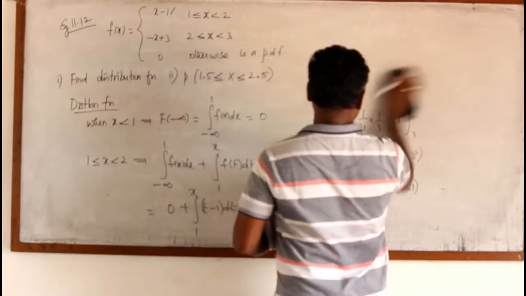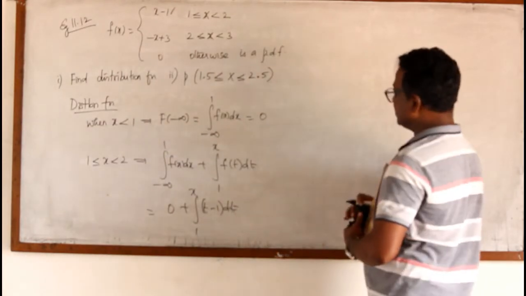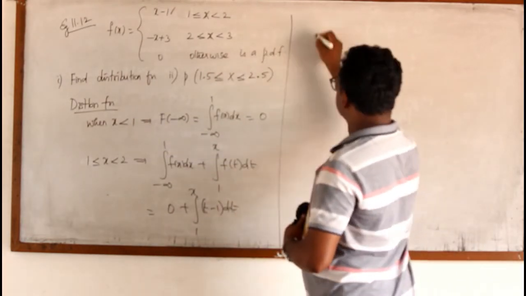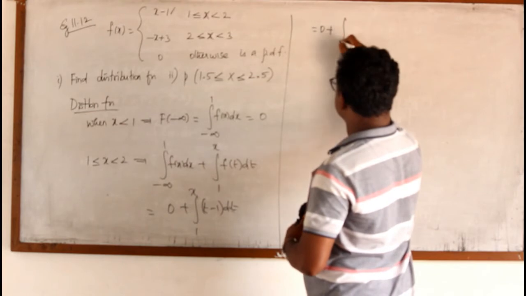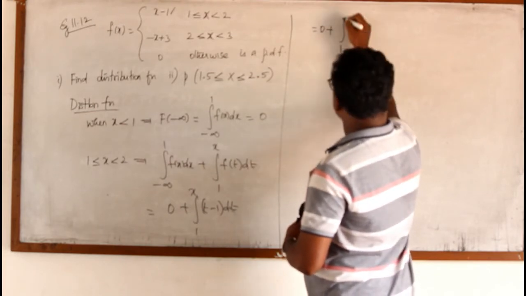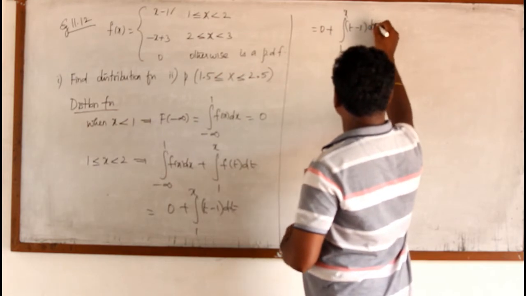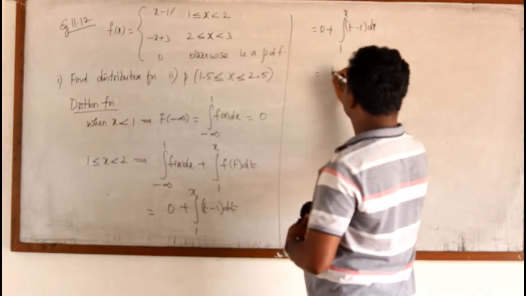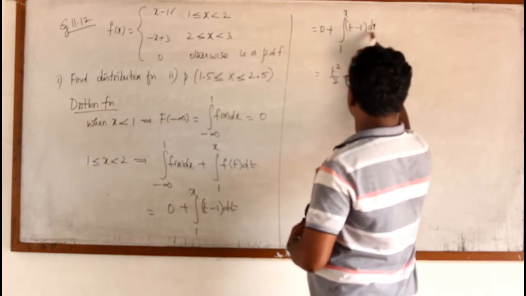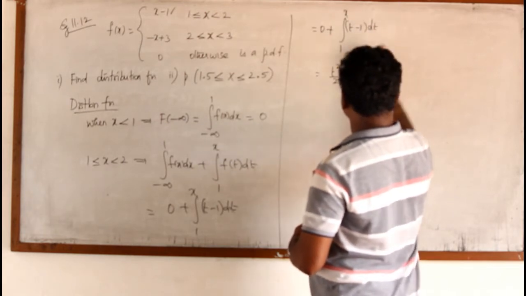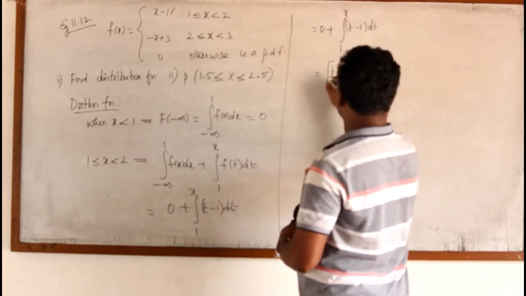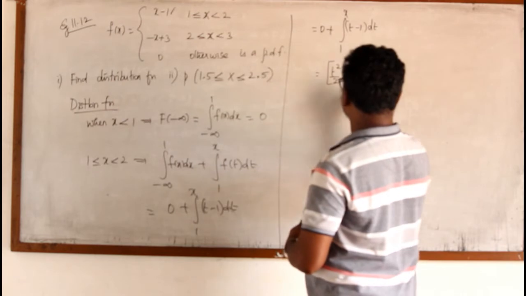Now, we will understand while doing too many problems. So it is 0 plus the integral of t minus 1 dt. 0 can be left out. The integration of t is t square by 2, and of 1 into dt is t, with limits 1 to x.